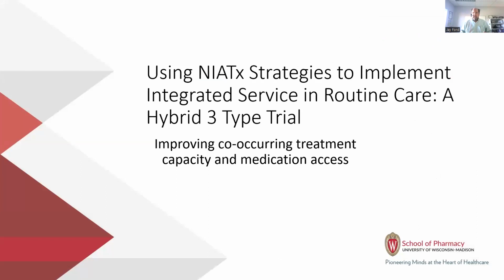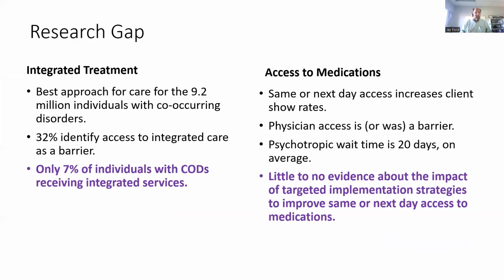So the first one of these was a project that was really designed to help people like Lisa, to help people who had co-occurring mental health and substance use issues, gain access to effective integrated treatment. So these were some of the research gaps, essentially, that there's a significant issue in people who have co-occurring disorders like Lisa. 7%, less than 1 in 10, at the time were getting access to integrated treatment.